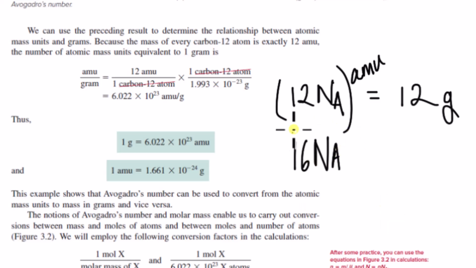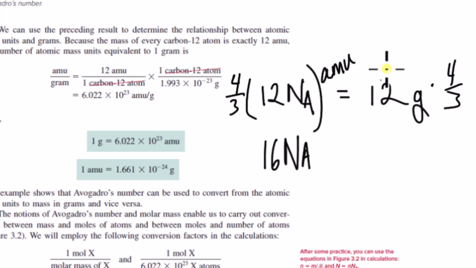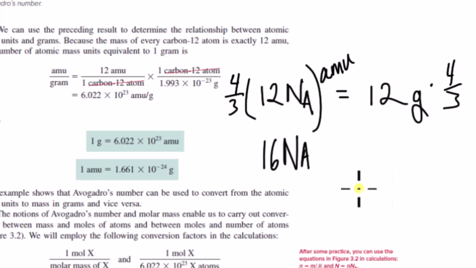Whatever all of these particles weigh in grams as an entire substance, that's going to be the molar mass. What did we have to multiply 12 times Avogadro's number by to get this? It's just the ratio of the atomic mass of oxygen-16 to that of carbon-12. It's 16 divided by 12, which is 4/3. So to maintain the equality, let's multiply this by 4/3. Look, it's 12 times 4/3, 12 times 4/3.